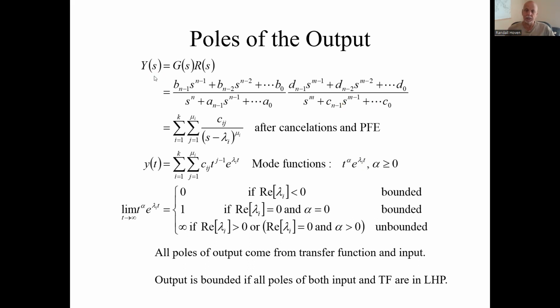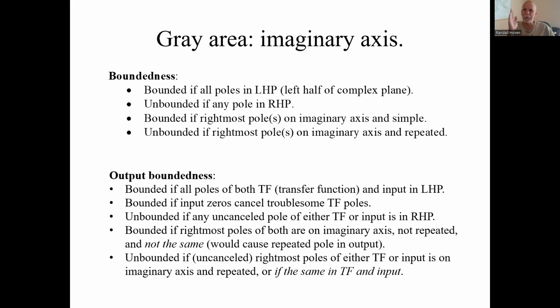That's the easy case. The troublesome case is when the rightmost poles are on the imaginary axis. Any signal is going to be bounded if all its poles are strictly in the left half plane, and it'll be unbounded if any pole is in the right half plane.